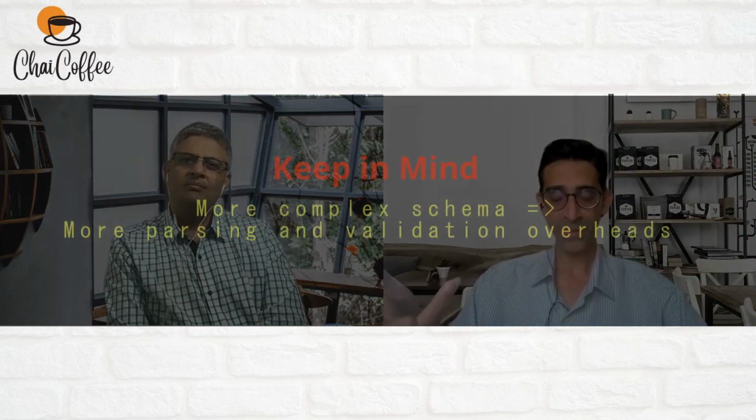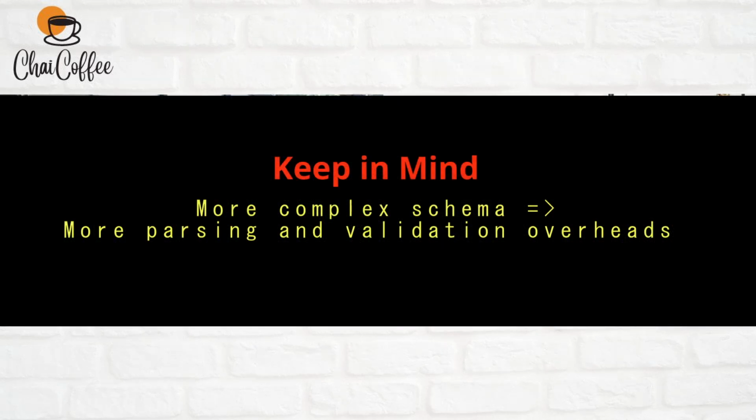Good. And then the third point I relate to the first point. If your schema is complex, the type system that you have defined is complex, this is a strongly typed system, right? So there will be a parsing required and there will be a validation done, which is by design. Because if I send some rubbish request and expect a response, things may fall apart, right? So there is a validation of your request.